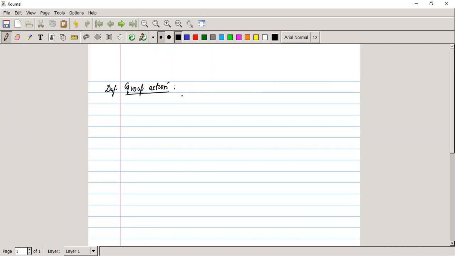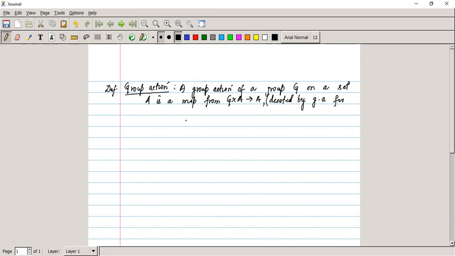A group action of a group G on a set A is a mapping from G cross A to A. This is usually denoted by G dot A for all G in G and A in A, satisfying the following properties.